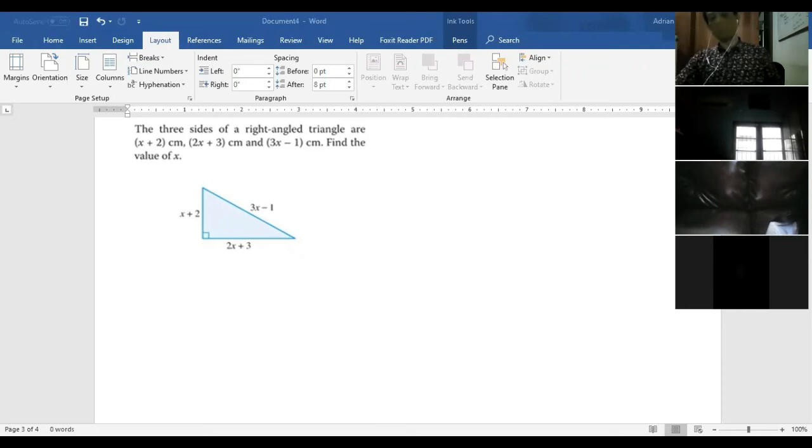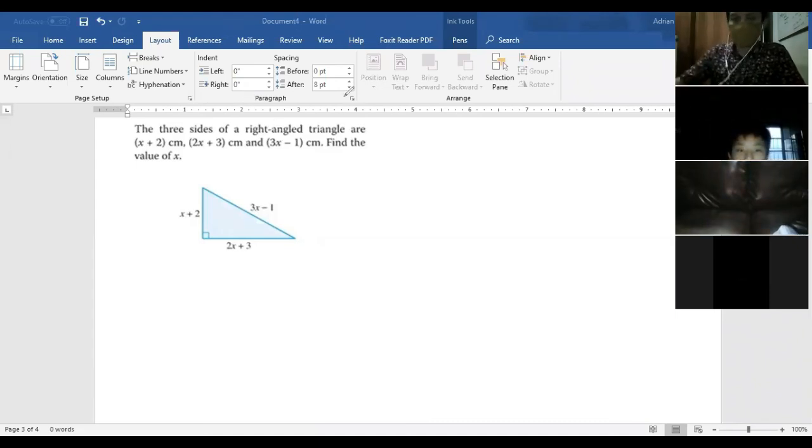So what's the formula for this one? Can you give me a method to solve this question? What's the concept for the right angle triangle? Everyone, listen here.